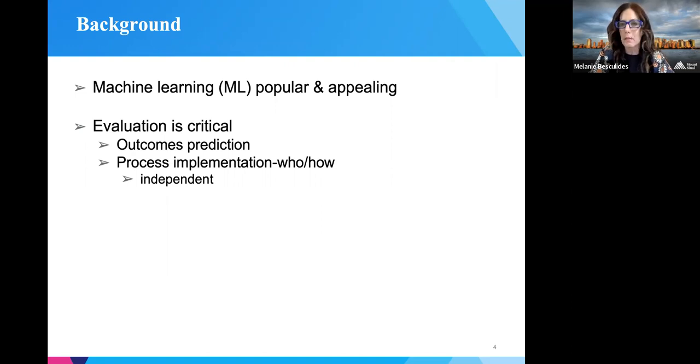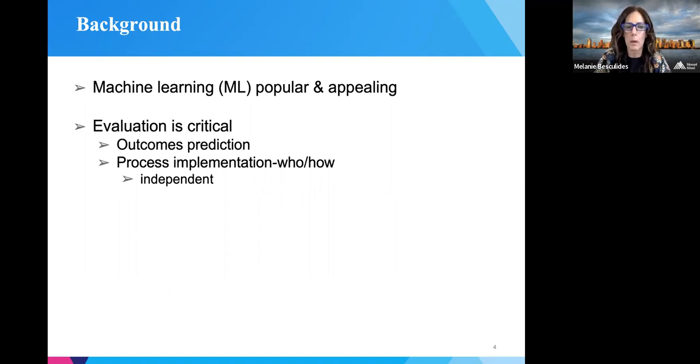So if we have these things that can predict, but nobody uses them or nobody understands them because they don't want to use them, it's sort of, well, what's the point? We spend a lot of money, a lot of energy in creating these things, which really do have the potential to change clinical care and what we do, and to save time and to save money. But if nobody trusts them, if nobody uses them, if nobody knows how to interpret them on the user end, then they're sort of useless, and we're just wasting time.